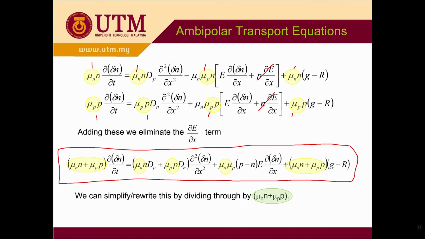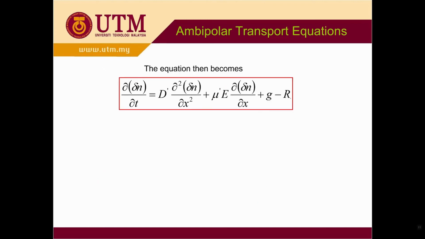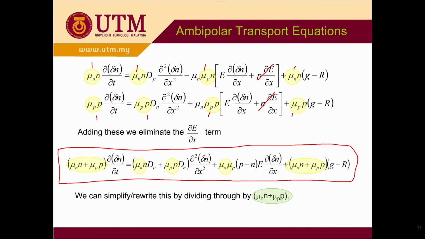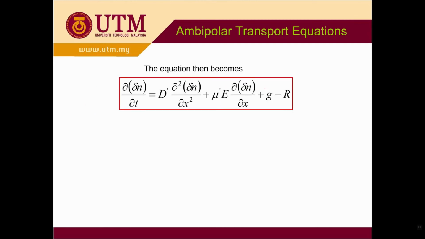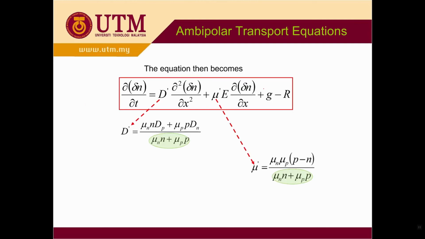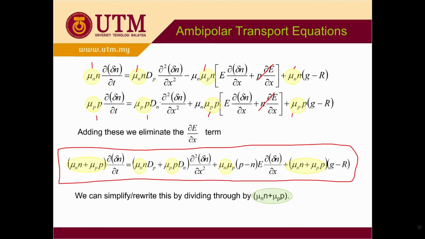How do you simplify it? You divide by the summation of mu N n and mu P p. When you do this division, you get this equation, which has D prime and also mu prime, and you see that they are simplified together.